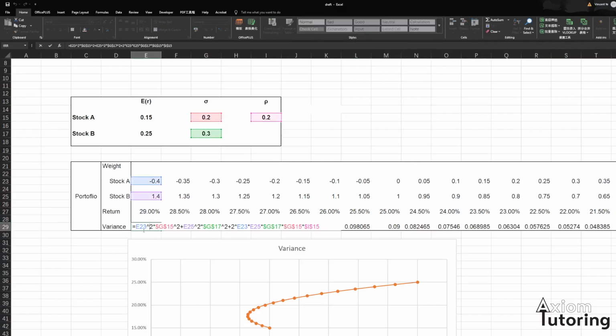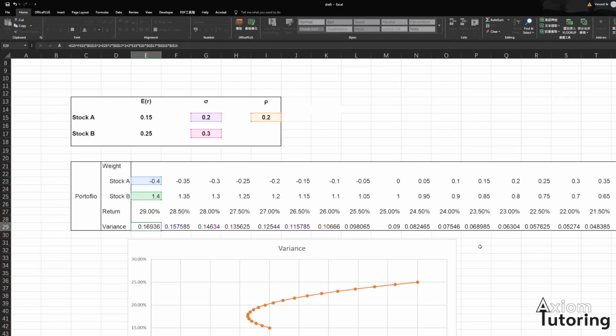Let's take a look at the calculation of the variance. Since we're using squared terms, even if the weight for stock A is negative, it's going to be squared anyway. And not to mention the weight on stock B is now more than 100%. So it's going to give you a much higher variance, a lot bigger than without any short selling.